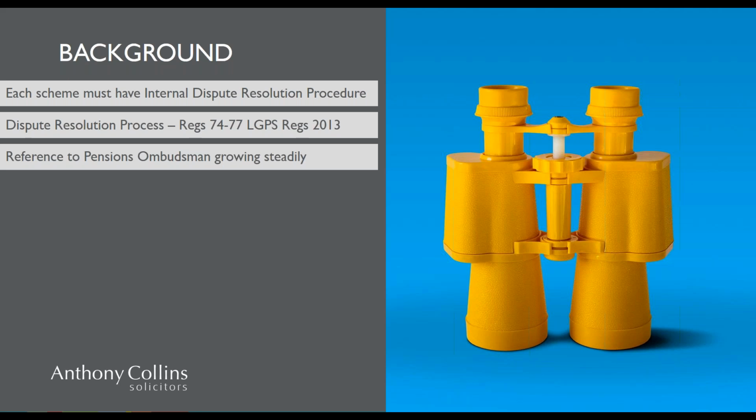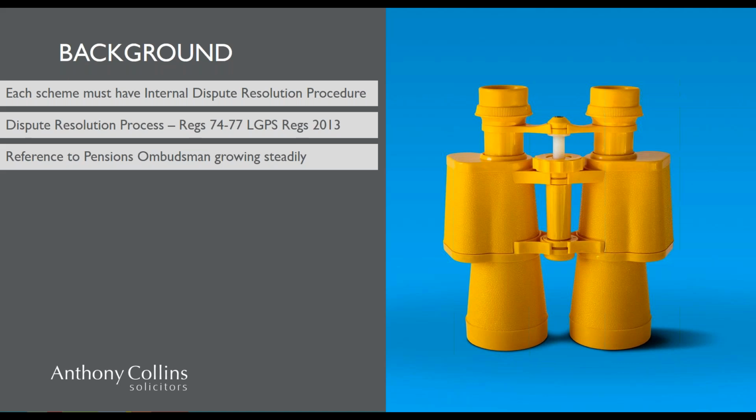So the Pensions Ombudsman has the power to deal with complaints about occupational pensions. The number of complaints has been rising pretty steadily over the last 4 years. So there's been a growth of about 50% in new complaints over the last 4 years, including, in fact, 20% in the last reported year.